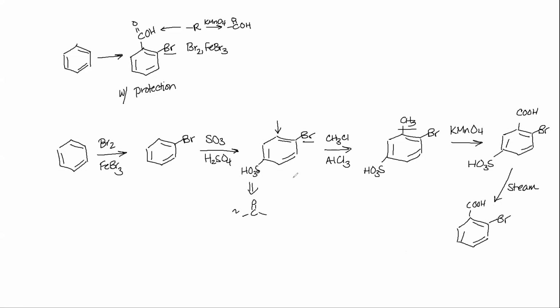So this might be a reaction where I would say, take benzene and convert the benzene to this molecule and use protection to get the highest yield possible. Protection always means, I'm sorry, it's not protection.